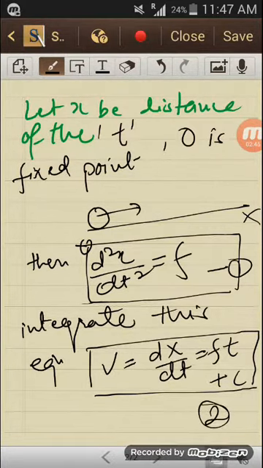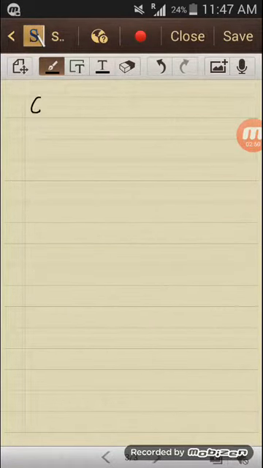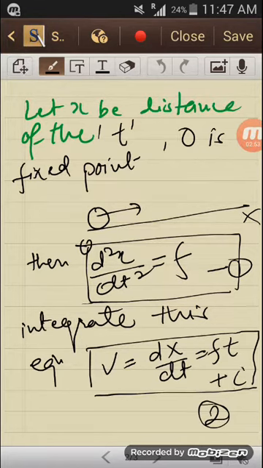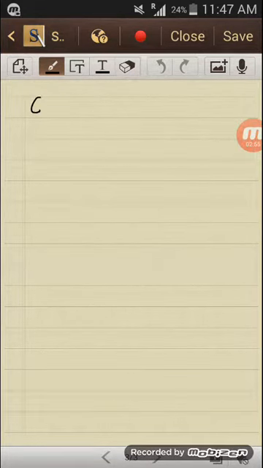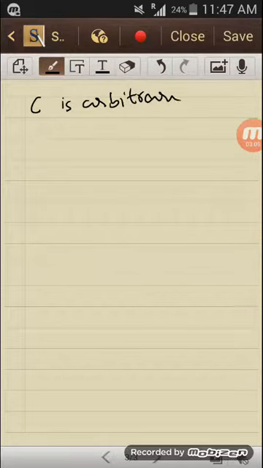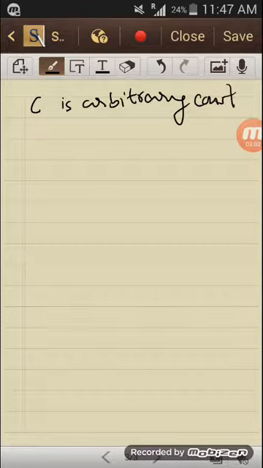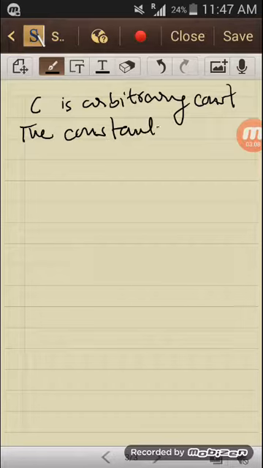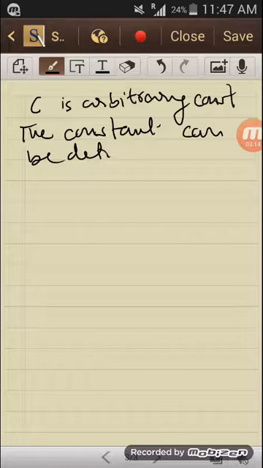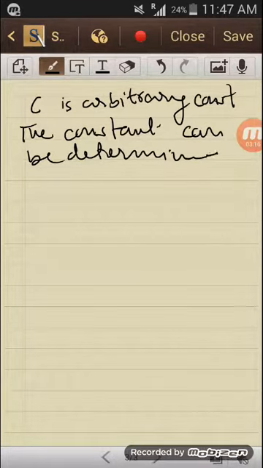Now our main motive is this c, where it was here. c is an arbitrary constant. The constant can be determined if we know the initial condition.